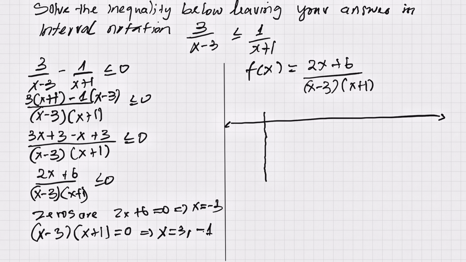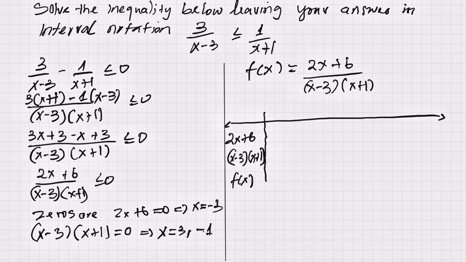So let's say this is 2x plus 6, and this is x minus 3, x plus 1. This is f of x.